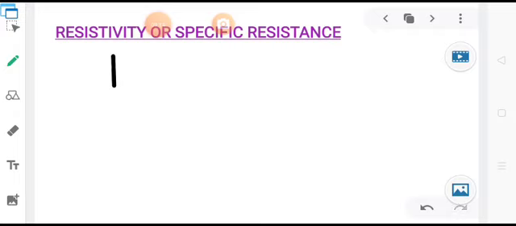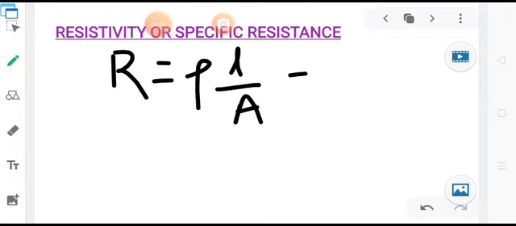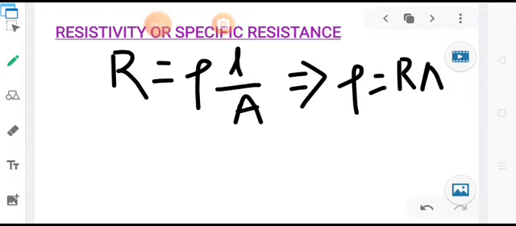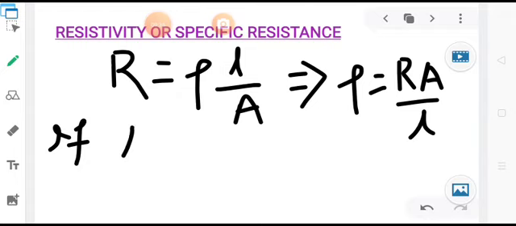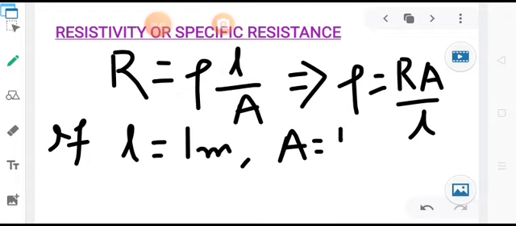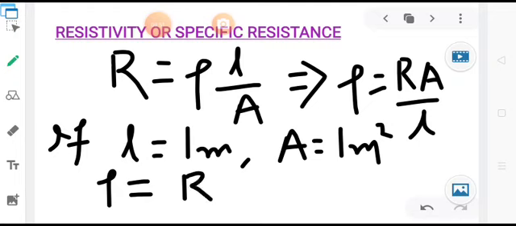Now, as we all know that R is equal to rho L upon A. So, very quickly we can get rho equal to R A divided by L, isn't it? Now, if length of the conductor is 1 meter and area of the conductor is 1 square meter, what will happen? Rho will be equal to R, isn't it?